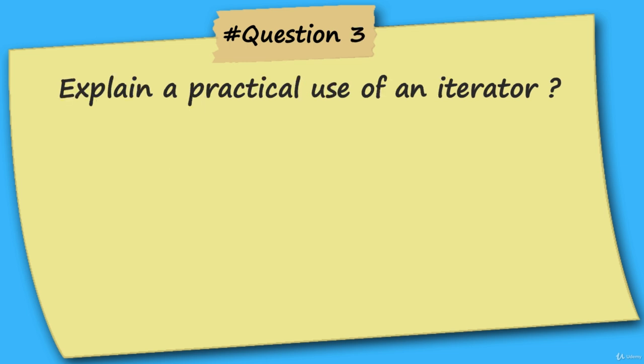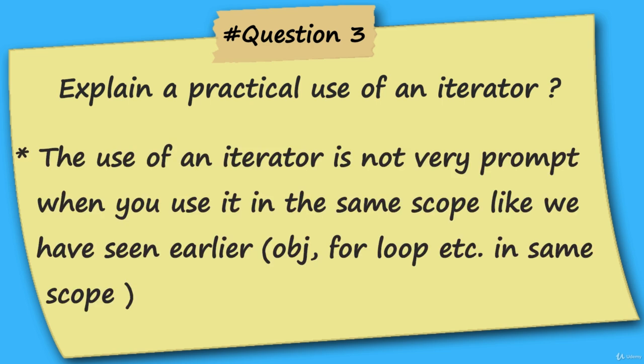Third question is, explain a practical use of an iterator. Well, the use of an iterator is not very prominent when you use it in the same scope, like we have done, where obj is also there, the for loop is also there, so it is in the same scope.